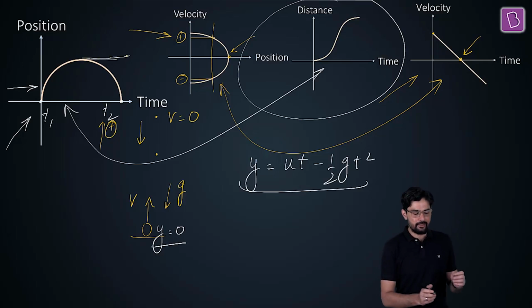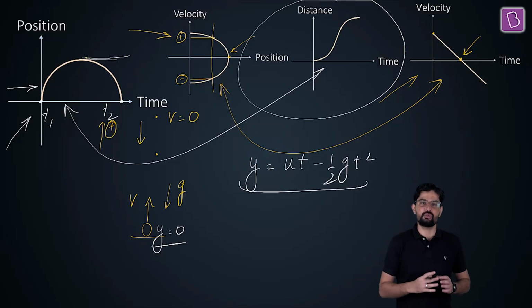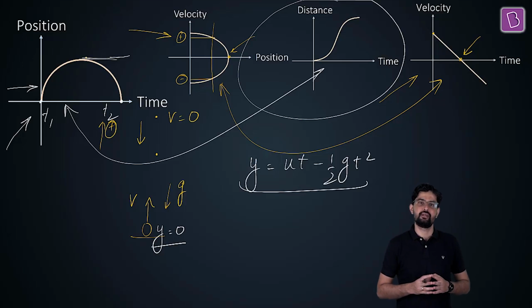And the reason is that distance cannot reduce as far as the particle is in motion. If the particle moves, the distance will only increase, right?